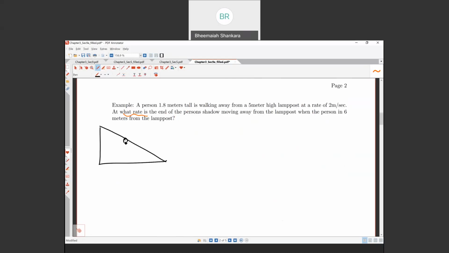Say here is the person, and the height of this person is 1.8 meters, away from a 5-meter lamppost. So let's make this the lamppost and say this is 5 meters. The person is walking away from the lamppost at a rate of 2 meters per second.